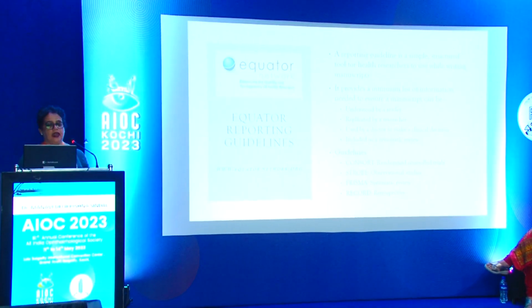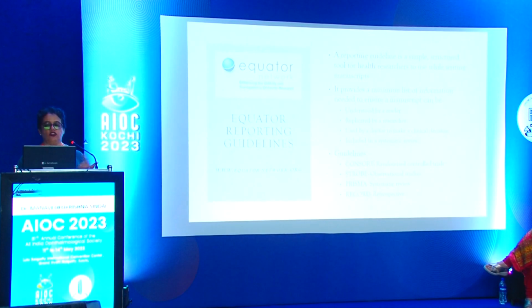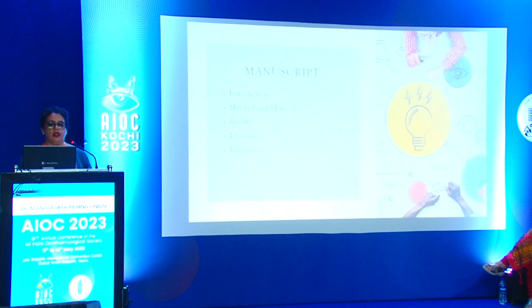And there are various guidelines: the CONSORT for randomized trials, STROBE for observational studies, PRISMA for systematic reviews, RECORD for retrospective studies. These are available on the Equator Network's website and also on our IGO website, where there are links to these particular guidelines. So a manuscript would have these components: the introduction, material methods, results, discussion, and references.